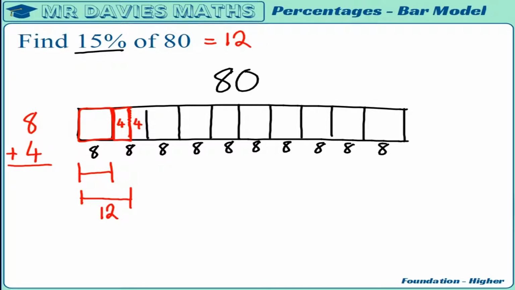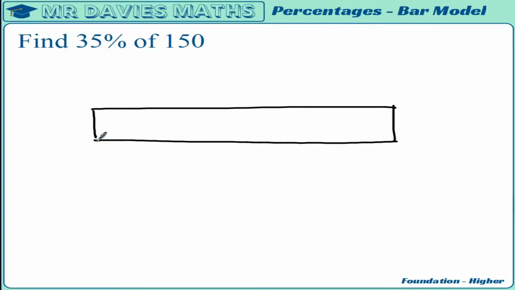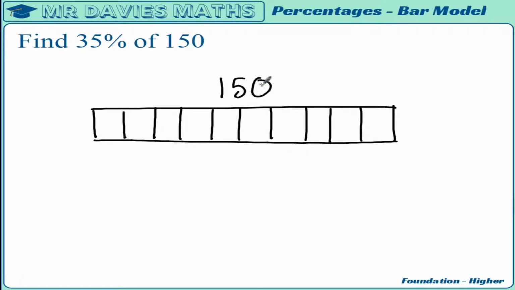Okay. Let's try another one. 35% of 150. Okay, so we'll start off as always. 1, 2, 3, 4, 5, 6, 7, 8, 9. 150 this time. So I've got 15 in each box.